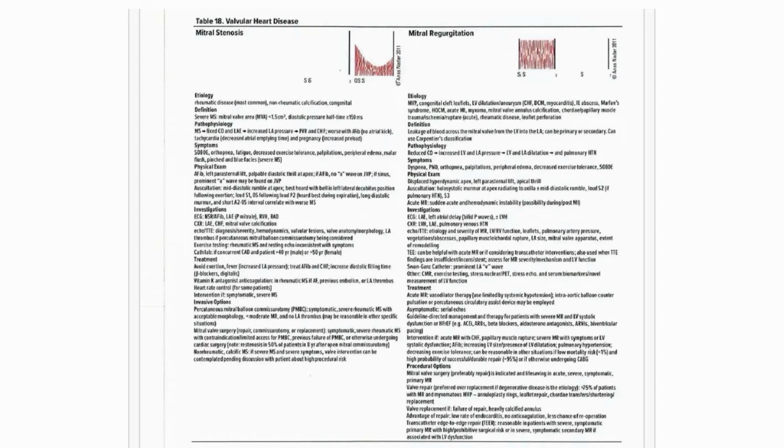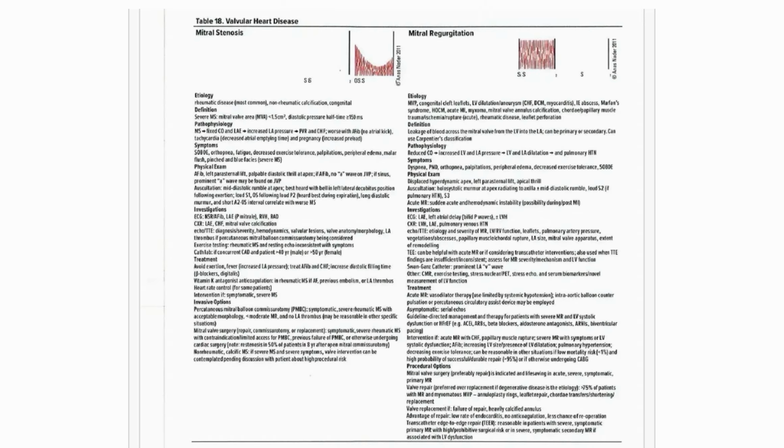Pathophysiology. Moving to the pathophysiology section of the table, mitral stenosis creates a fixed obstruction between the left atrium and left ventricle. This leads to increased left atrial pressure, left atrial enlargement, pulmonary venous congestion, pulmonary hypertension, and eventually congestive heart failure. Symptoms worsen with atrial fibrillation because atrial contraction is lost, with tachycardia because diastolic filling time shortens, and during pregnancy because circulating blood flow increases.